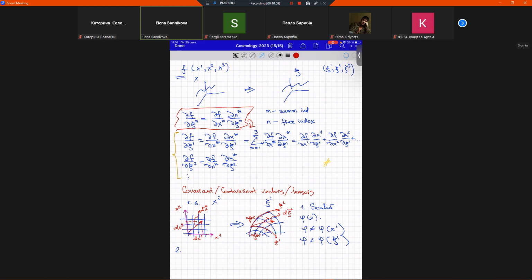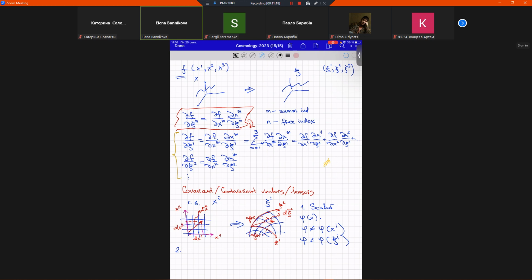So what can we tell in advance? We understand that when we move a vector from one reference system to another reference system, the components of the vector will be changed.